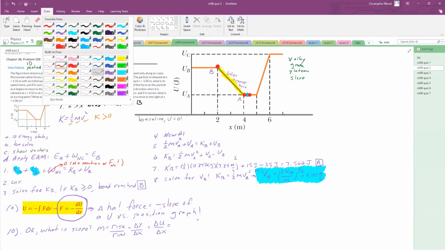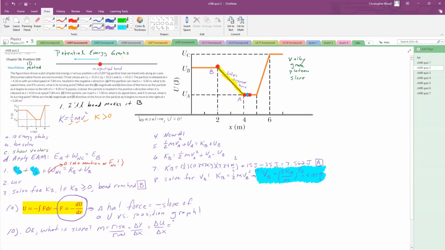Final would be UB. The bead ends up at potential energy B. It started out at A, all over this x value, because this is the x value at UB, minus this x value.